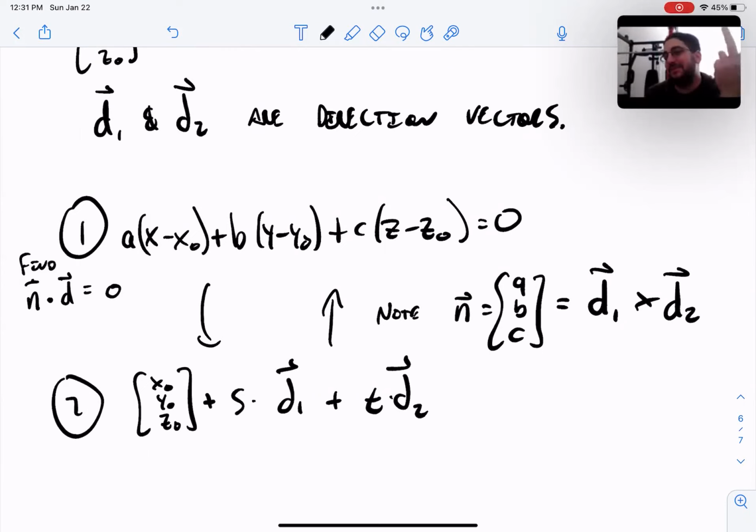So you just want to find two independent solutions to that equation. You can do it by just plinking around with the numbers. Pick almost anything you want for A and B and then solve for C, or pick anything you want for B and C and solve for A. So that way is kind of easier.